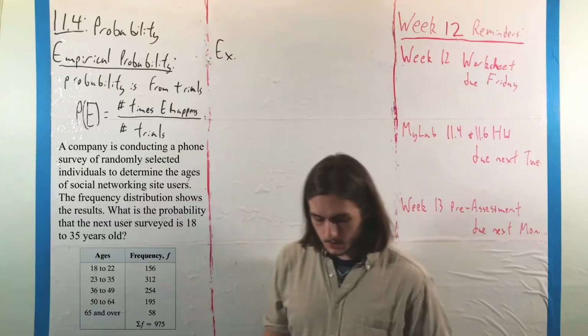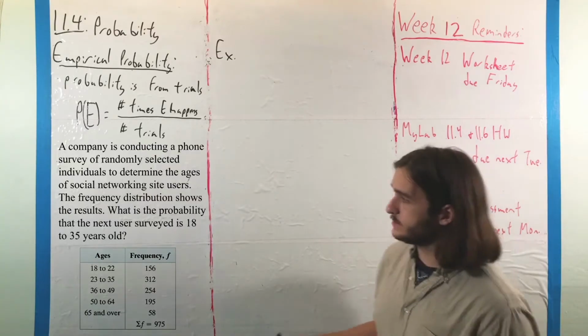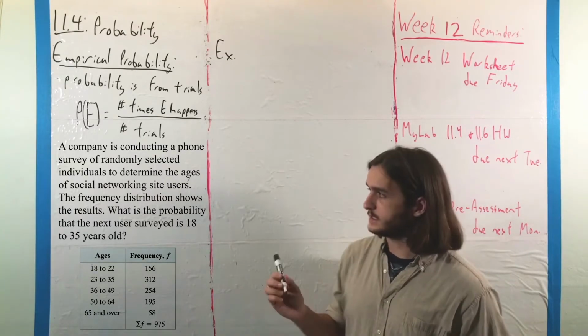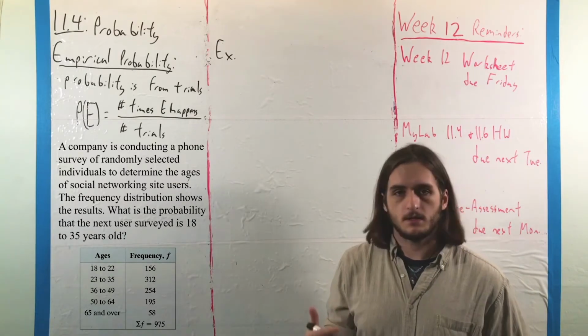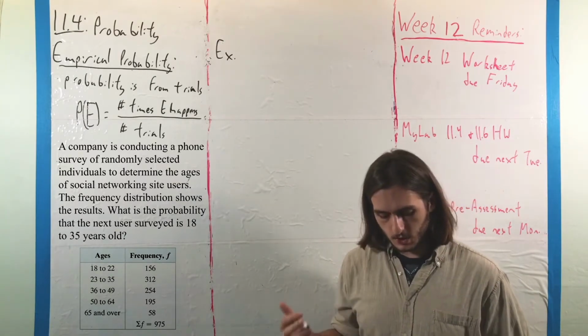old. So, in this case, what we have to do here is use our data set as given to find a probability associated to it.